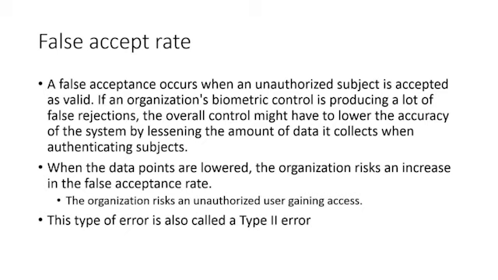That's a false acceptance rate. Now they're unauthorized people in our building. So the organization is risking unauthorized users gaining access. This is a type 2 error, a false acceptance rate. Like I said, I think this one's worse because now we have unauthorized access in systems, physical buildings that people don't belong. And that's a bad thing for me as a security professional.